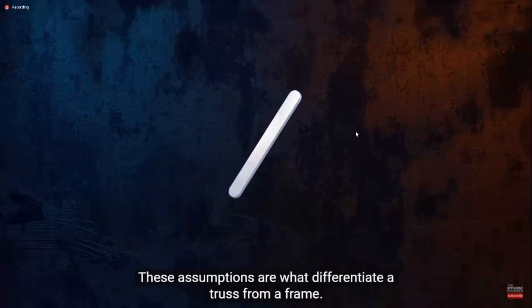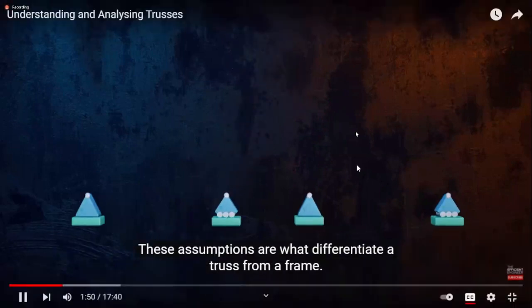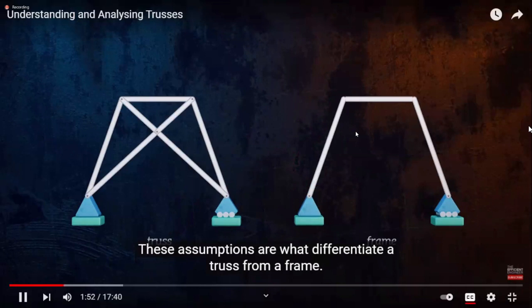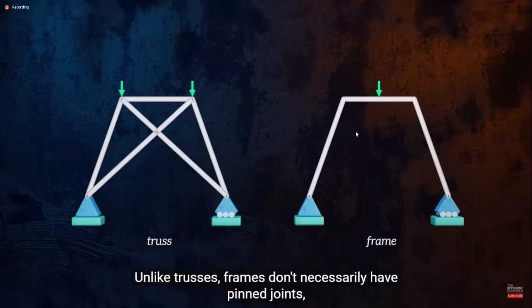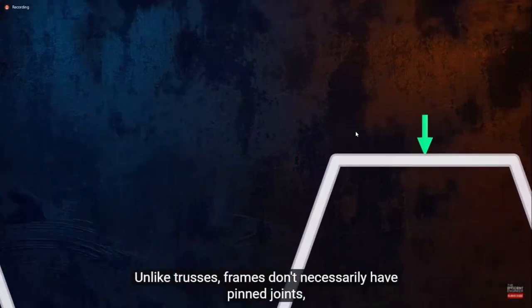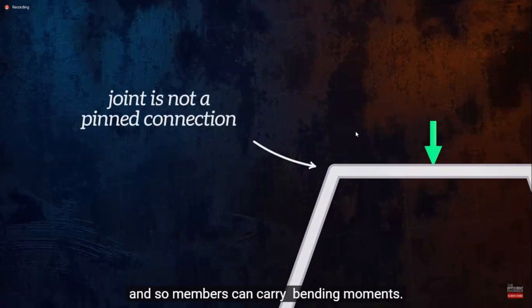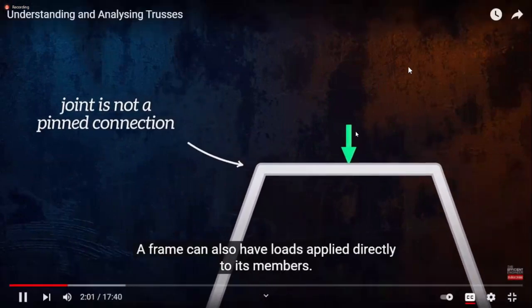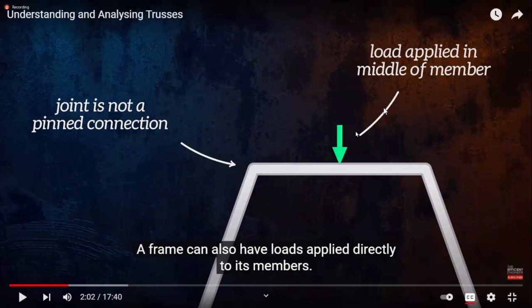These assumptions are what differentiate a truss from a frame. Unlike trusses, frames don't necessarily have pin joints, and so members can carry bending moments. A frame can also have loads applied. A frame has a welded joint.